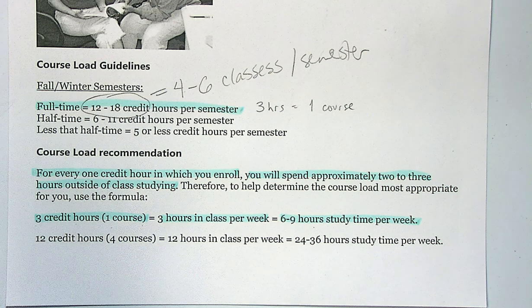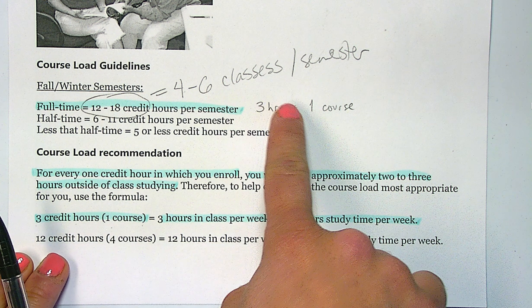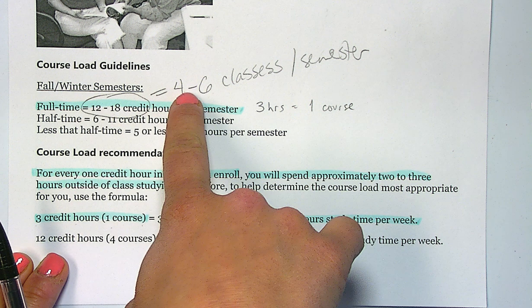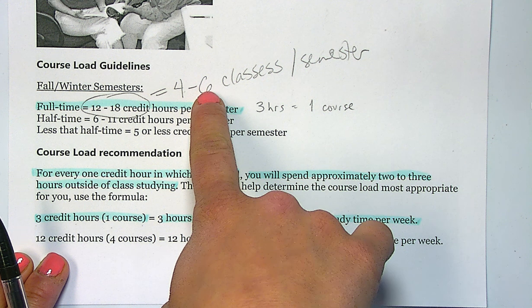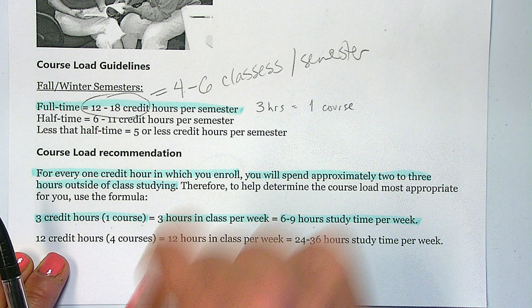So 4 to 6 classes per semester. All right, so again, 3 credit hours equals 1 class. If 3 hours equals 1 class, 12 hours equals 4, 18 hours equals 6, and that's per semester. Again, per semester.